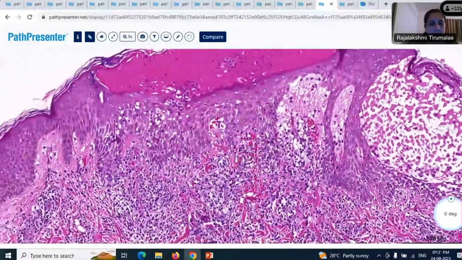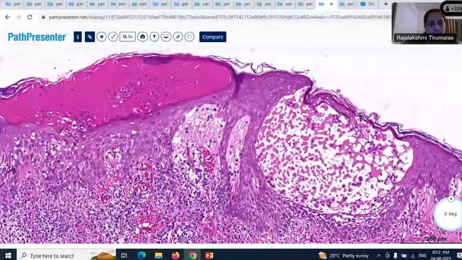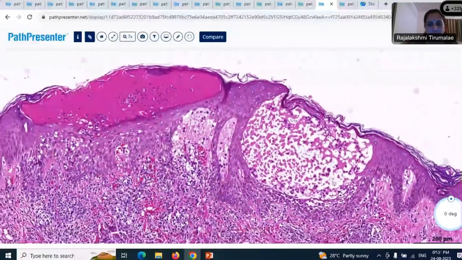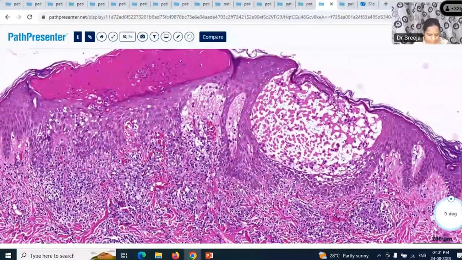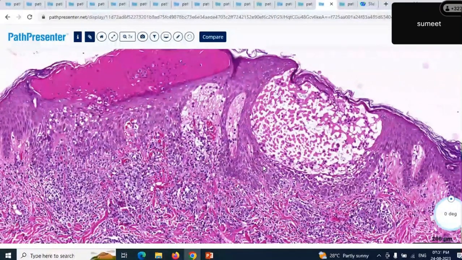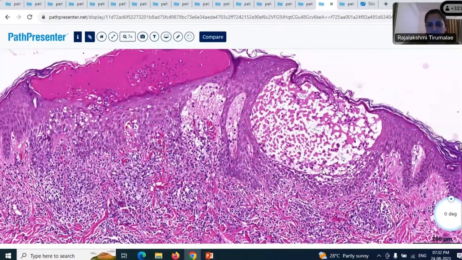Is it in this field, the field that I'm showing you? Yes. Okay. What is this here? What has happened here? Raji, would you like to make a laser pointer out of it? If you click on the right side of your mouse, it becomes pointer options. I'm trying that. It's not working. It's okay then. There is bulla formation, ma'am.